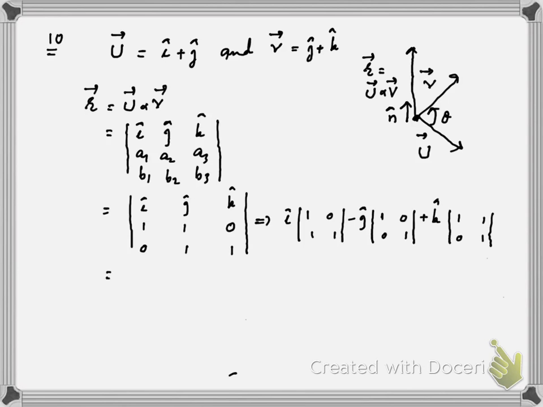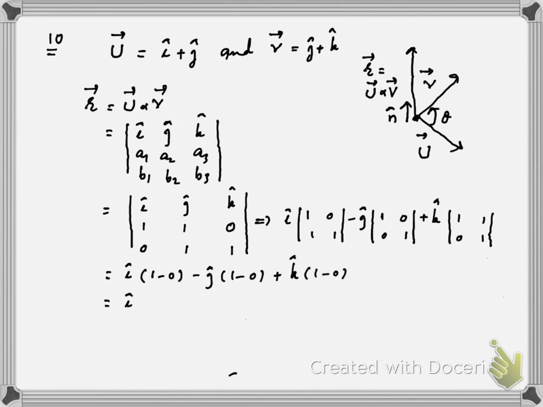Now it is equal to i cap multiplied by 1 minus 0, minus j cap into 1 minus 0, plus k cap into 1 minus 0.